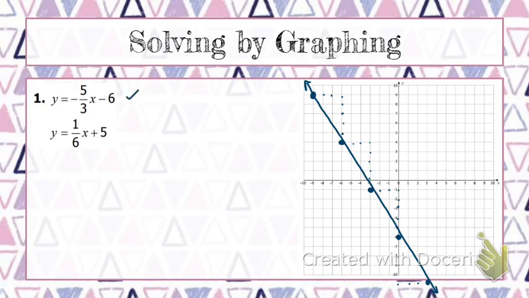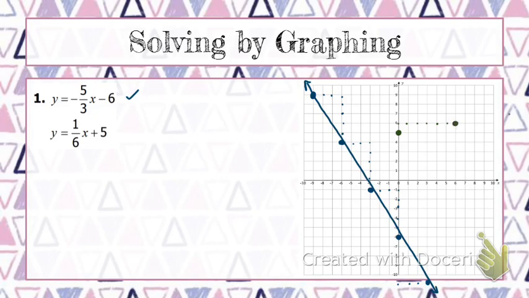Now we're going to graph the second one. We start with the y-intercept, which is at +5. So go to +5 on the y-axis. Let me use a different color so they're easy to tell apart. And then we have a slope of +1/6. So we are going to rise 1, run 6. 1, 2, 3, 4, 5, 6.